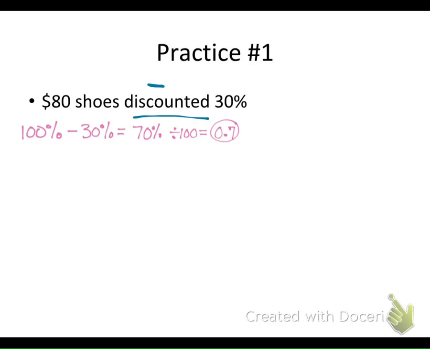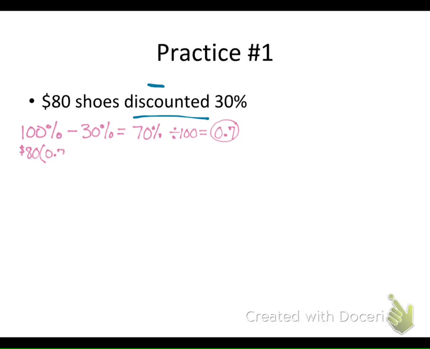Then I go to my final step. Kaylon, what's step 4 say? Multiply the original amount by the multiplier. What's my original amount? $80. So I'm going to take $80 times my multiplier, which I identified because I circled it. What's my multiplier? 0.7.